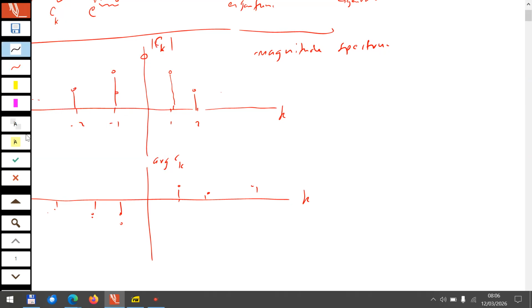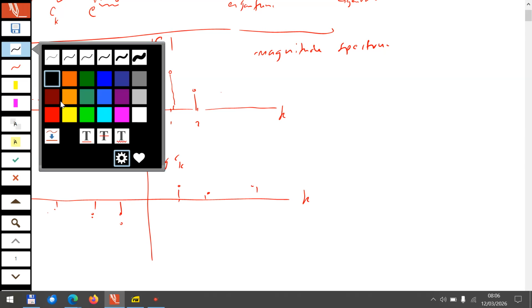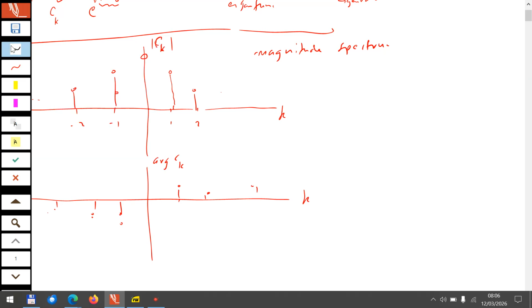How do I choose color? Mm, So let's say I choose this, but yeah, I just choose black. Okay, I just want it to be different.